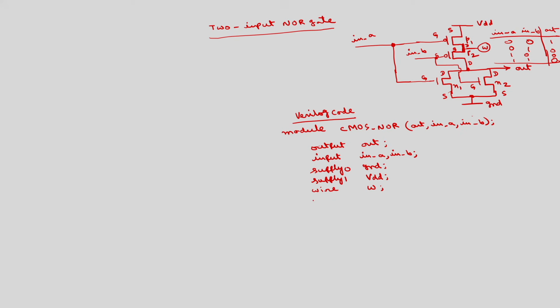So, if I take PMOS P1, so what is source, drain, gate: VDD, comma, drain is at wire and the input is gate is at in A.